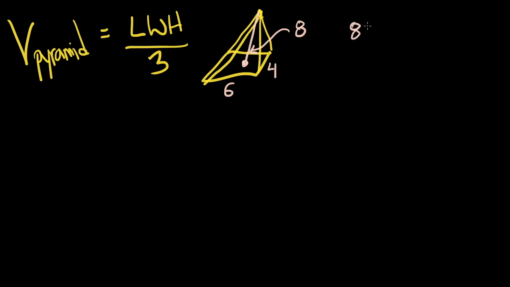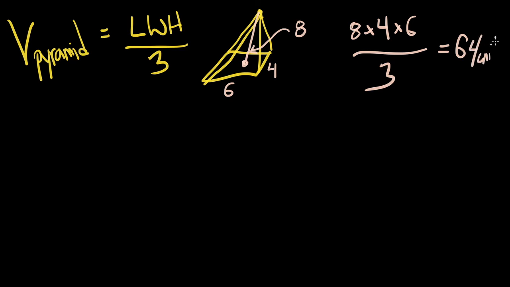So it is just 8 times 4 times 6 divided by 3. That is it. And you'll have noticed that you better have your calculator handy when you're doing all your pyramid questions. Units cubed. Boom.